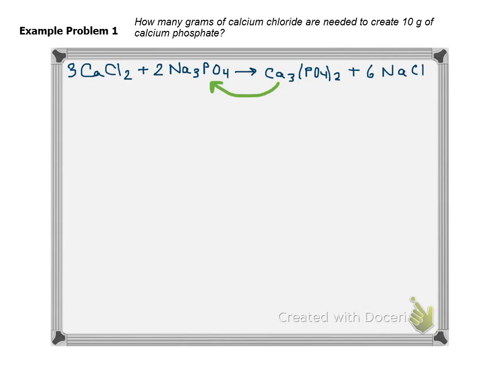In the second example problem, we want to know how many grams of calcium chloride were needed in order to create 10 grams of calcium phosphate. The problem is still set up exactly the same way. So we start with our given amount. We are told that we are going to produce 10 grams of calcium phosphate.